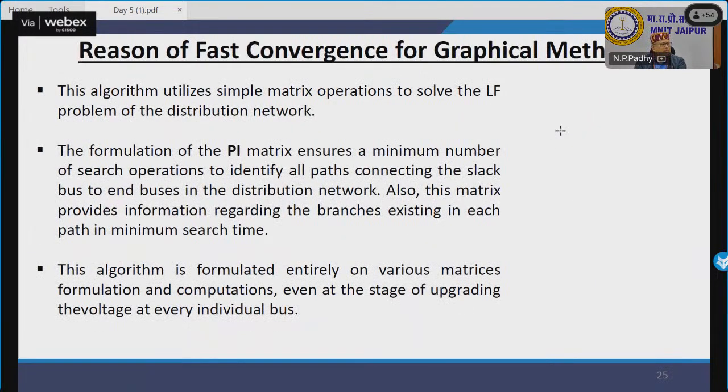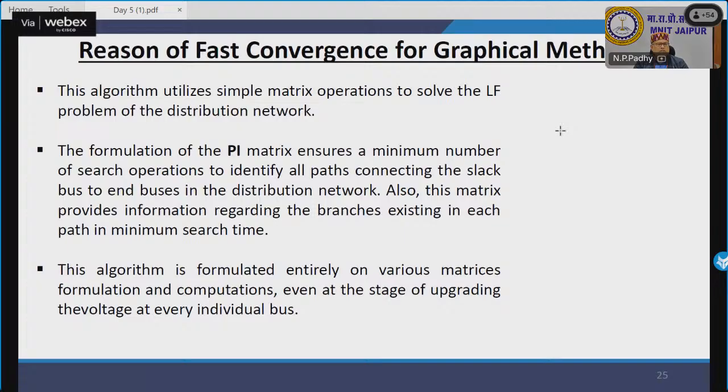So what is the reason for such a fast convergence for the graphical method? Why do we go for such kind of methods? This algorithm utilizes simple matrix operations to solve the load flow problem of the distribution network. Multiplying matrices, adding matrices, subtracting matrices doesn't take much time really. The formulation of the PI matrix ensures a minimum number of search operations to identify all paths connecting the slack bus to the end buses in the distribution network.